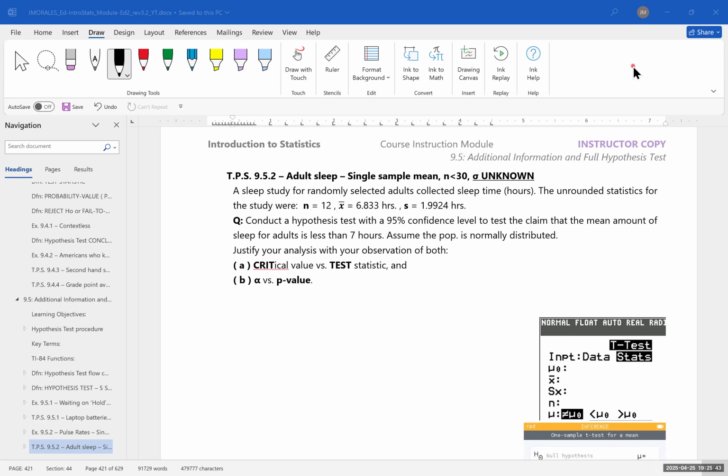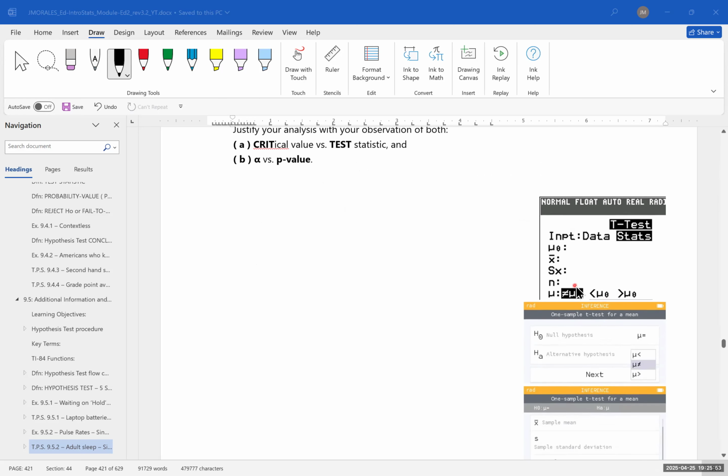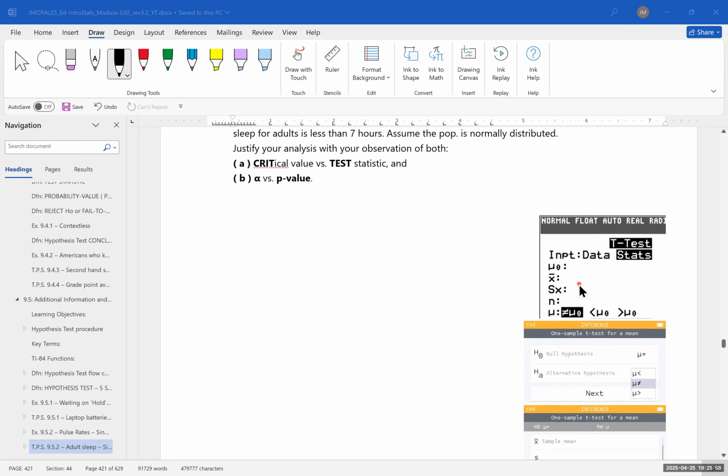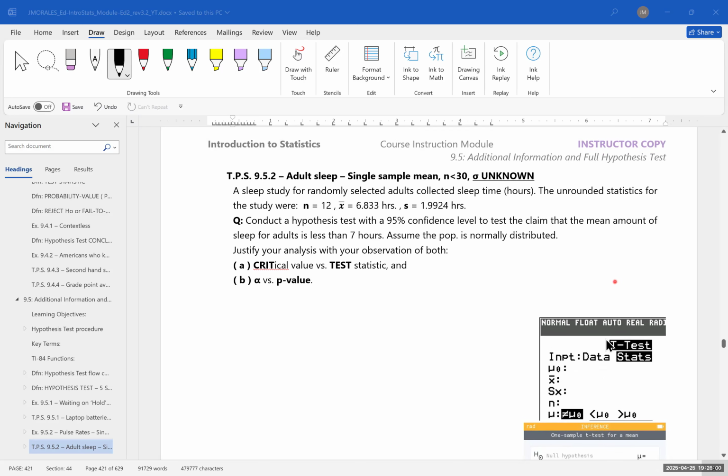All right, so here's a think-pair-share. Because you're still learning the process of hypothesis testing, usually for think-pair-shares I wouldn't put screenshots of calculator functions here, but I've included these.